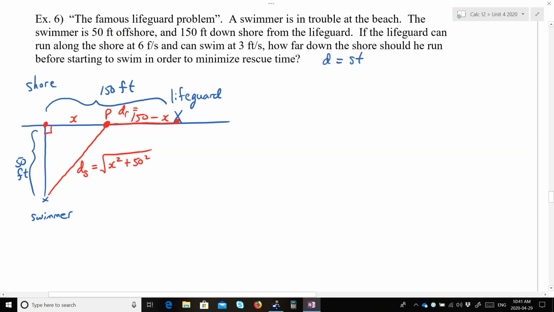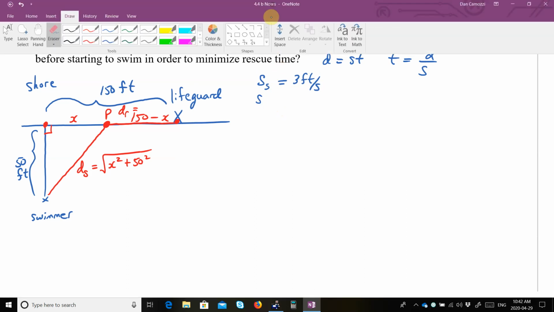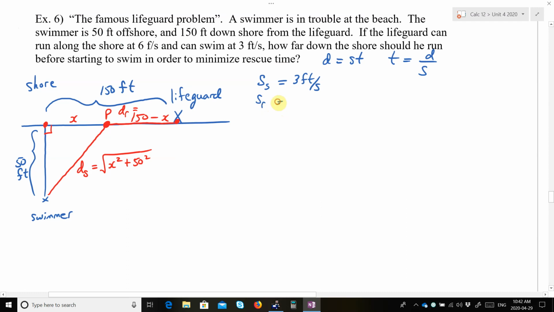So distance equals speed times time. Time is equal to distance over speed. His speed of swimming is 3 feet per second. Speed of running is 6 feet per second.